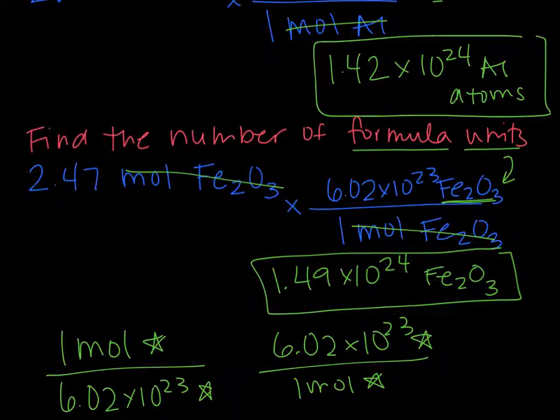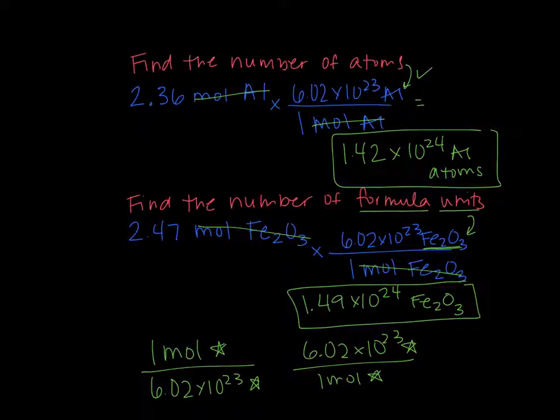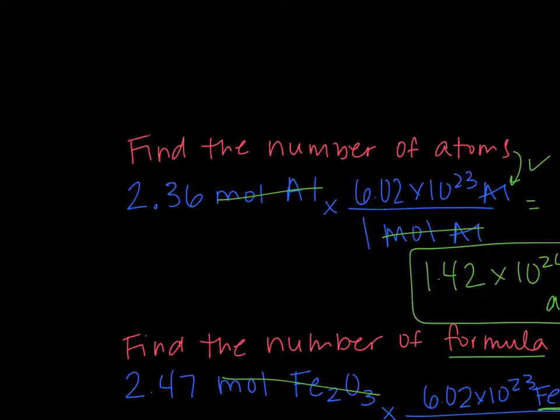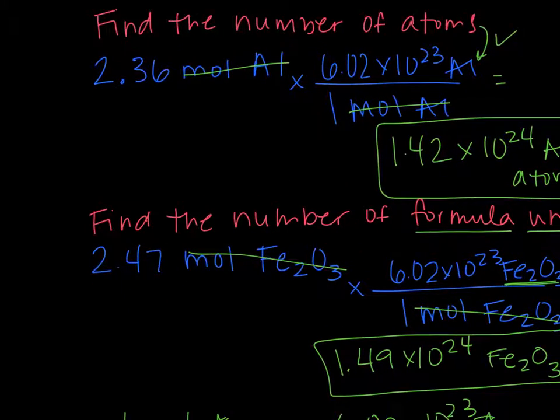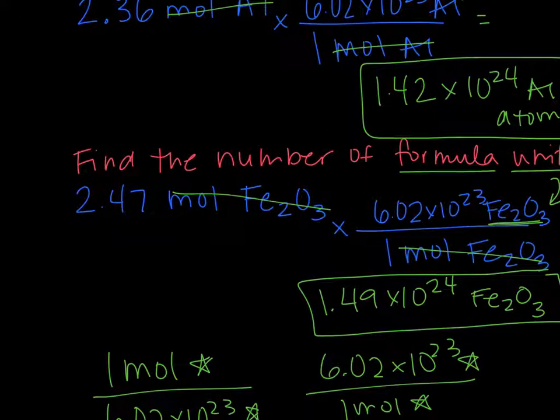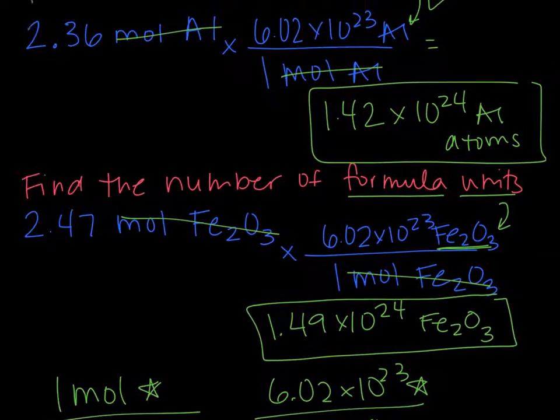So if we go back to compare these, I want you to notice up here we have an atom. Whoa! And then down here we have a molecule, but they were both calculated the exact same way. And so it just depends on what you have and what you want, on how you're going to calculate them.